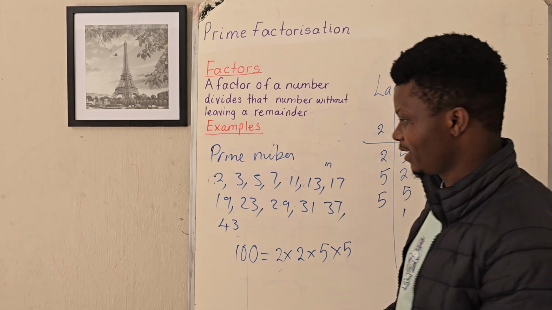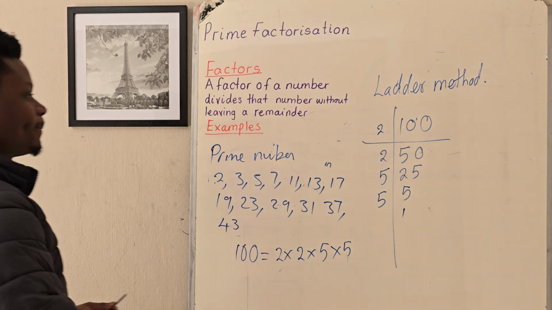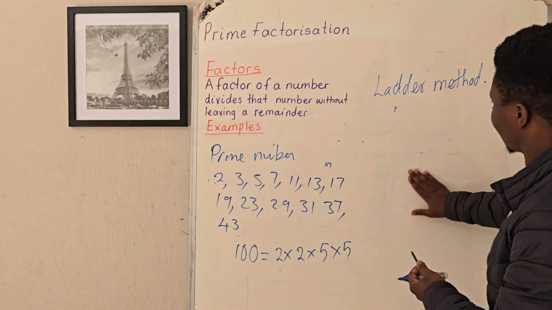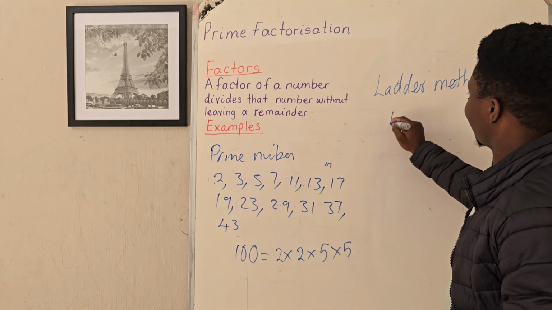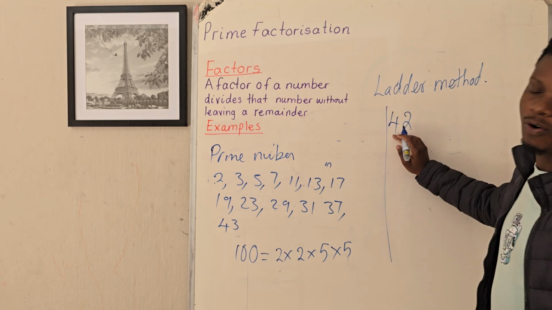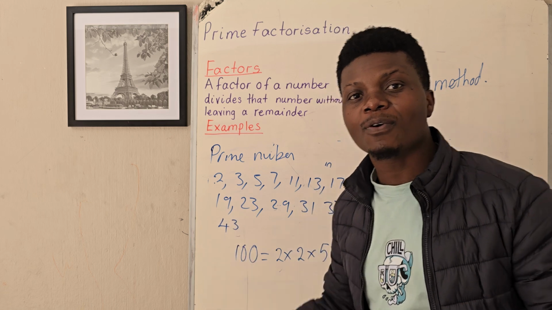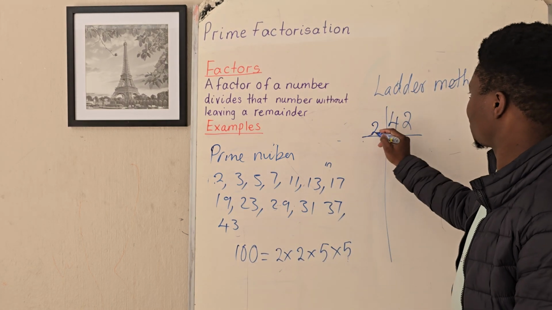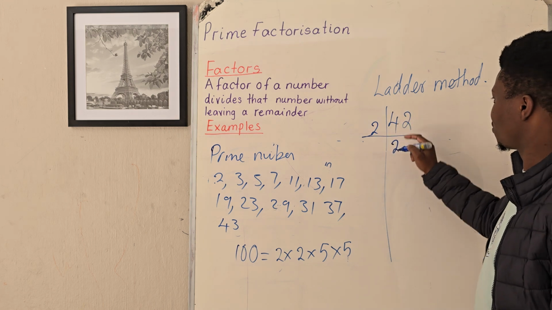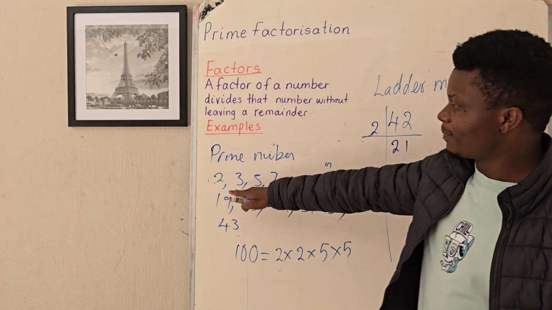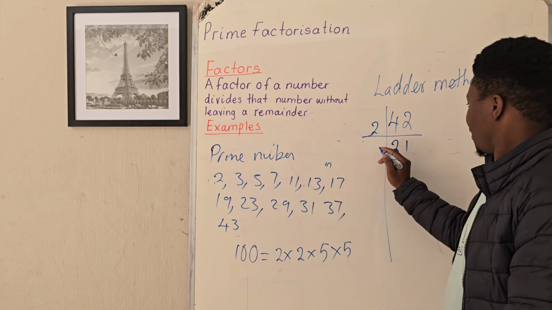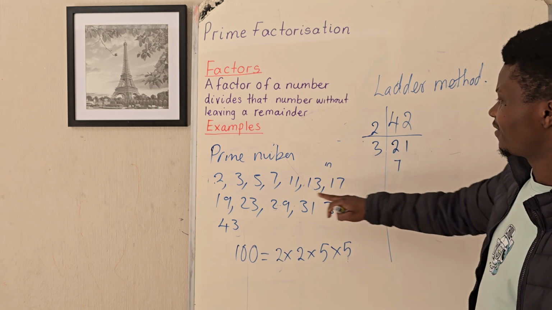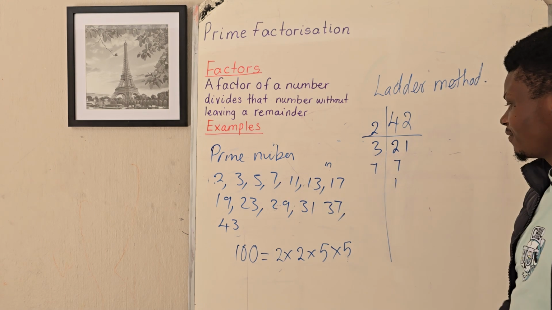How about if I say express 42 using the ladder method, as a product of its prime factors? I'm going to divide by the smallest prime number, 2. 2 into 42 is 21. The smallest prime number to divide 21 is 3. 3 into 21 is 7. The smallest prime number to divide 7 is 7. 7 divided by 7 is 1.